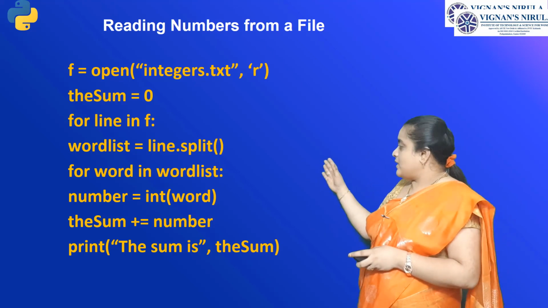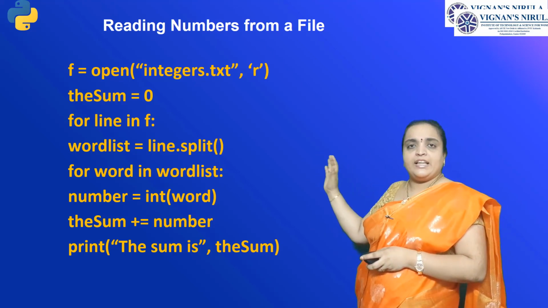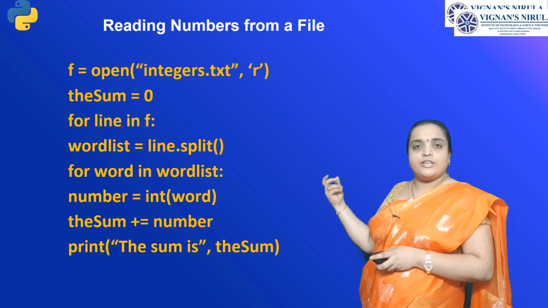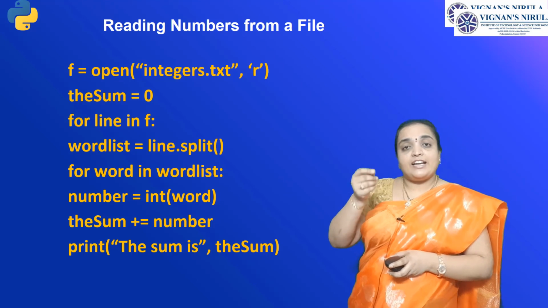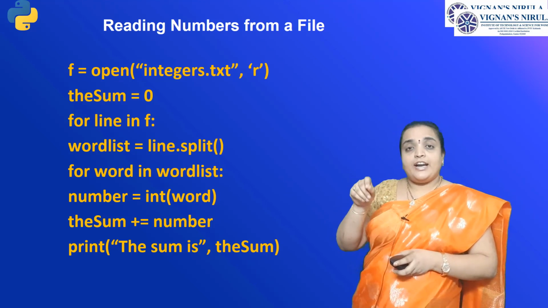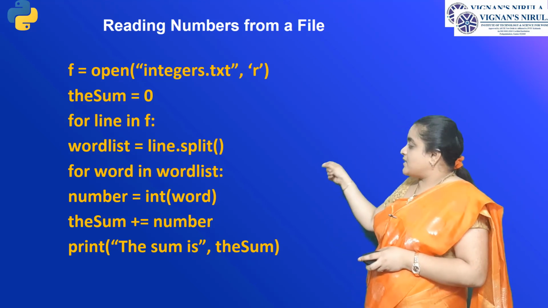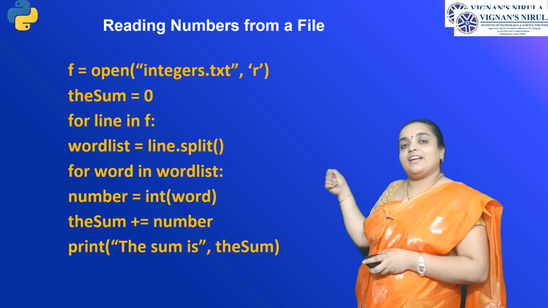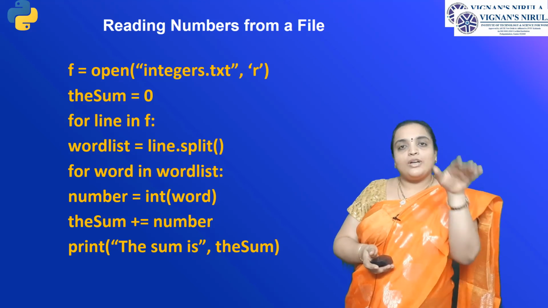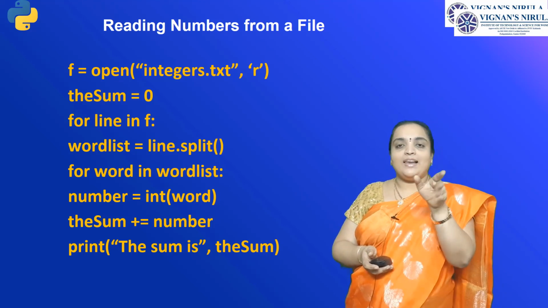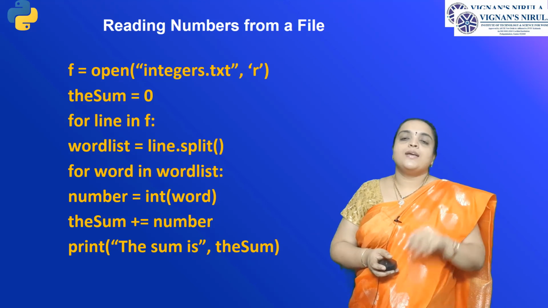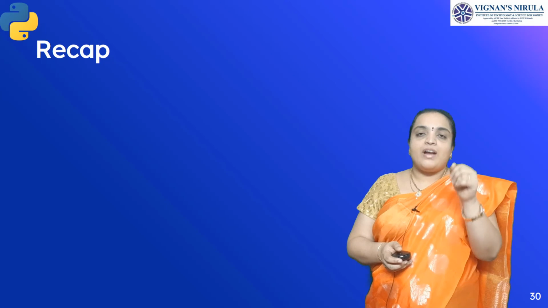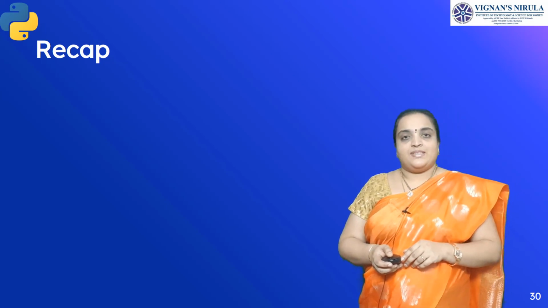Using the split function, in each line the words will be assigned to the word list, and each item is converted into an integer and placed in number. You add them up, and the total is displayed using sum. Is that clear? In this way, reading numbers from a file takes place.